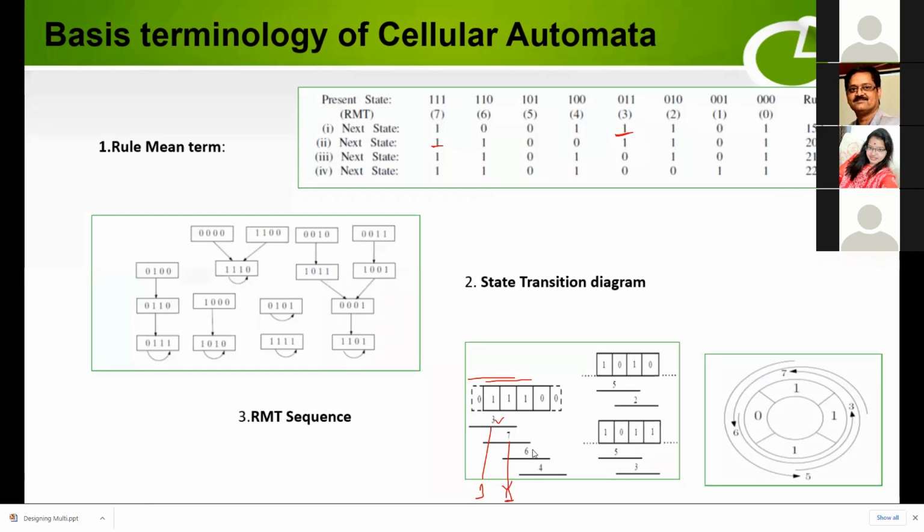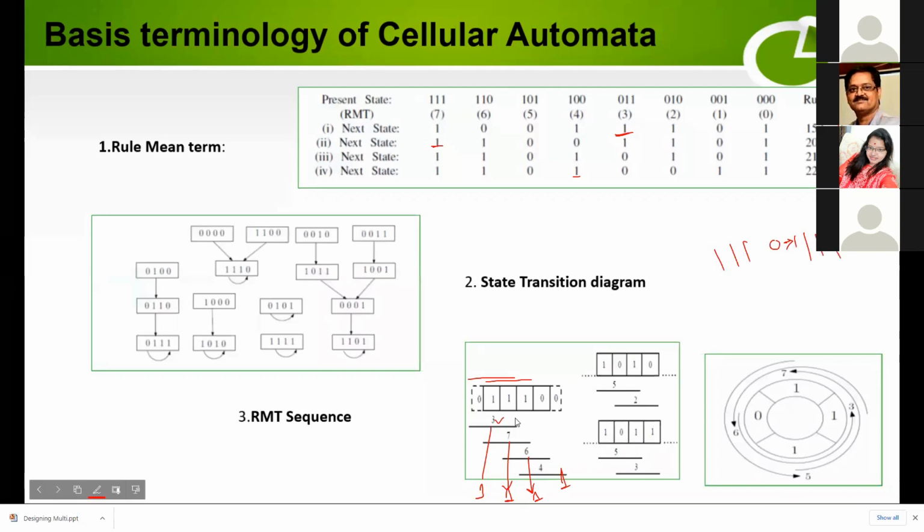For the 6, as it is the third RMT, I consider the third rule, which is also 1. And for the fourth RMT, which is 4, we consider the fourth rule, and this is also 1. So after this state 0 1 1 1 1 1 0, we get the next state 1 1 1 1.